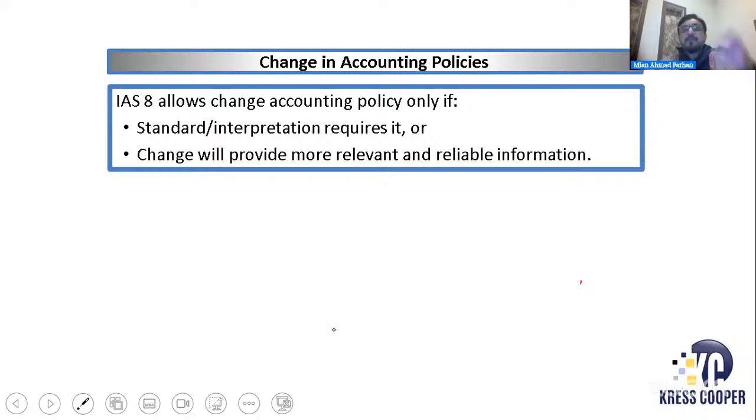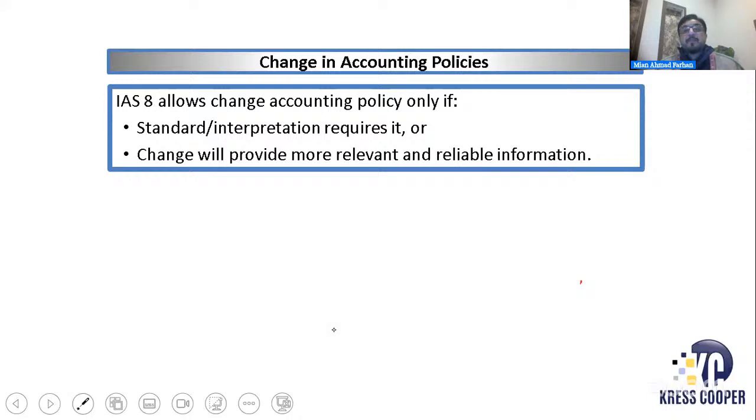For example, almost 20, 25 years ago, I guess, IAS 23 was talking about charging out the borrowing cost to the profit and loss account.